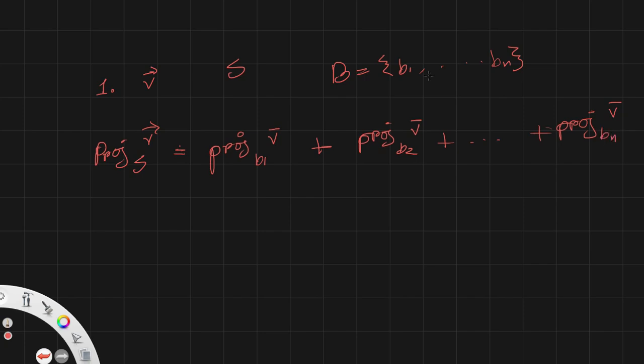Alright, so we know how to do that. This is a projection of a vector onto another vector. Both of those vectors are inside the same vector space. We learned that in our last part of this lecture. So we know how to do this.